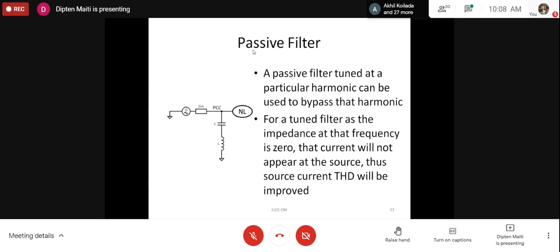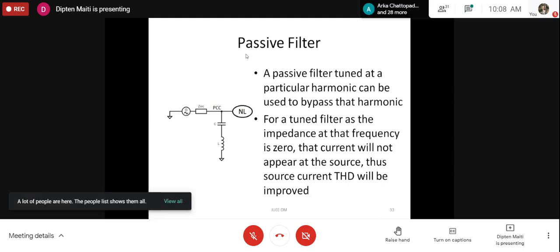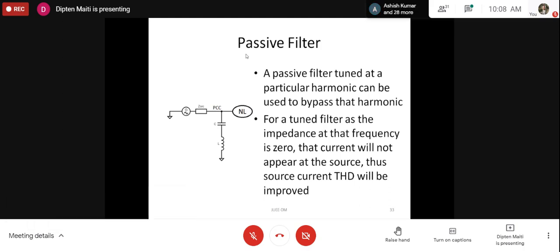There is no such thing as an absolute point of common coupling. It may change depending upon the connection of the load. Here we are considering that the nonlinear load is connected to the point of common coupling, where several other nonlinear loads are also connected.